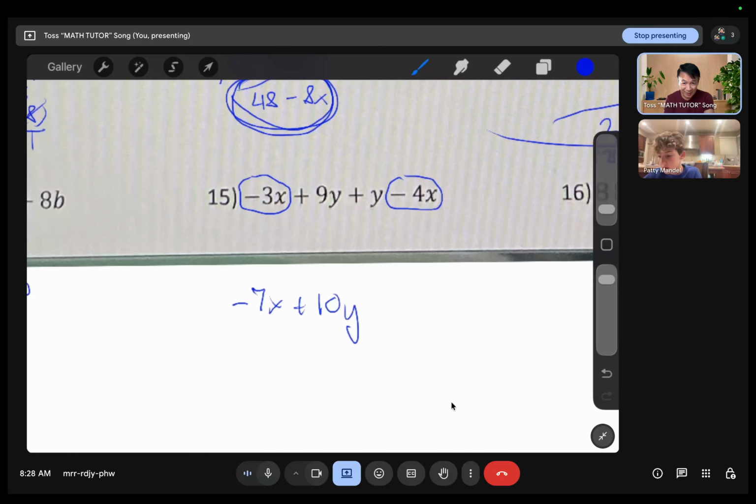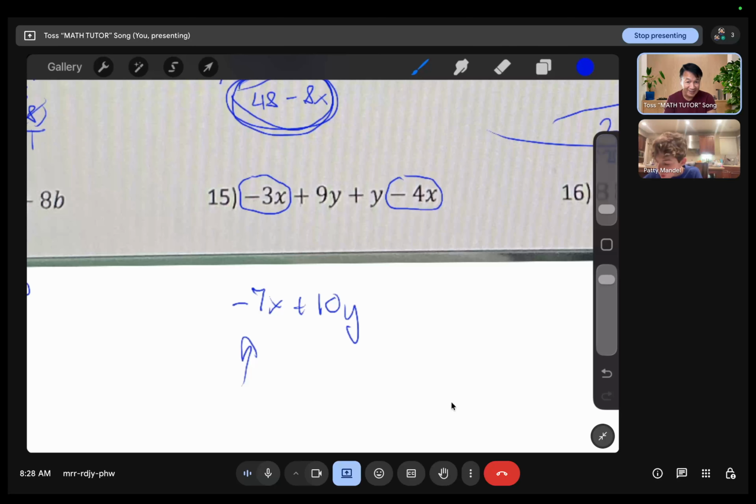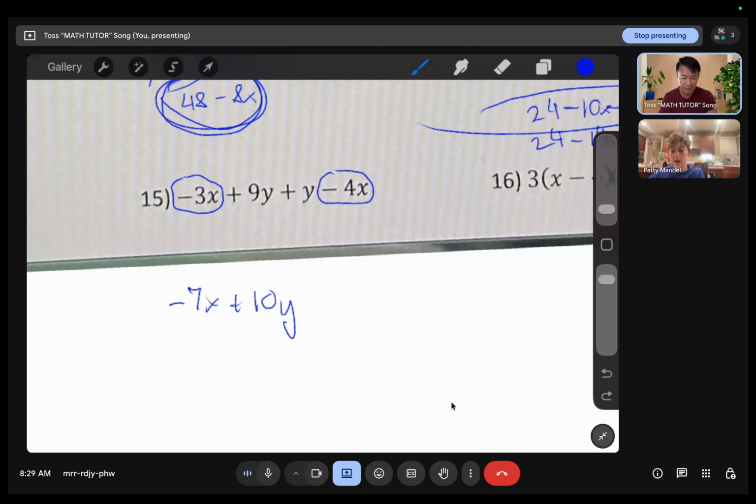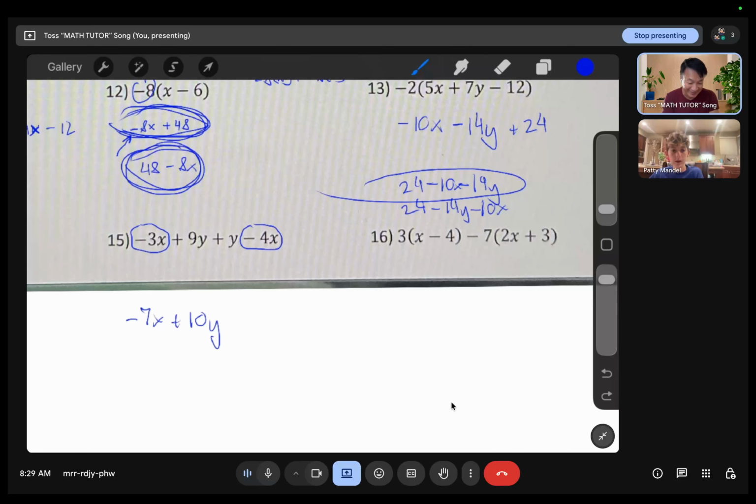Since the computers would put everything in alphabetical order, but then what about the negative in front? Are they going to do a 10y minus 7x? See, it's not a big deal as long as you know that it's the commutative property, so you can write this two different ways. But I would leave it like that, dude.